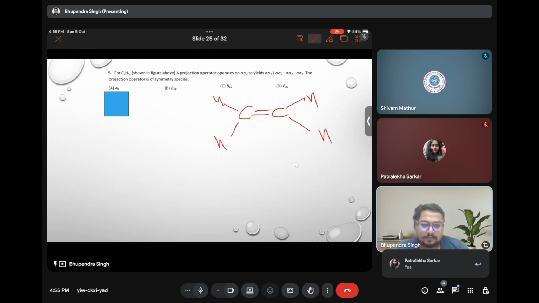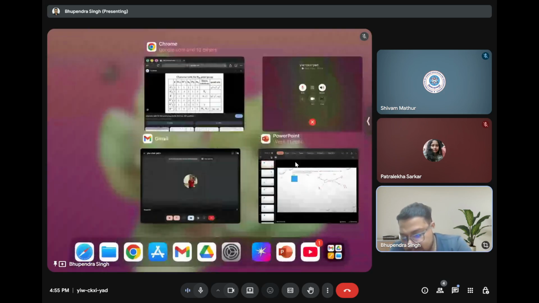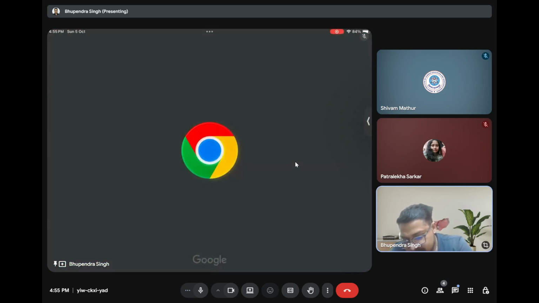Tell me what is the point group of this molecule. Then we will solve. D2h, perfect. So we need the character table of the D2h point group.